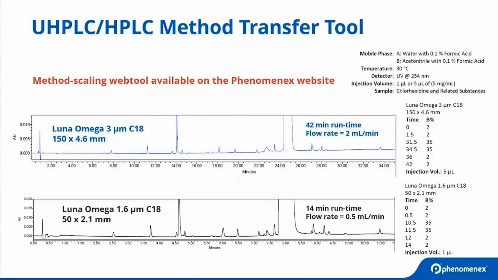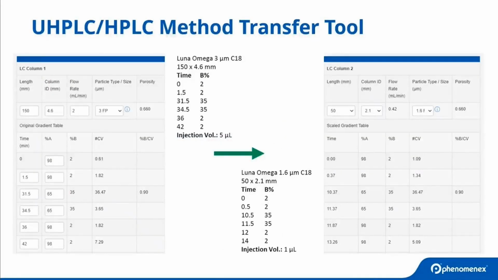Be mindful of the gradient tables in particular. And we see that we've preserved our resolution when migrating from one to the next. But we are now going to see how those gradient tables performed with respect to the web tool.